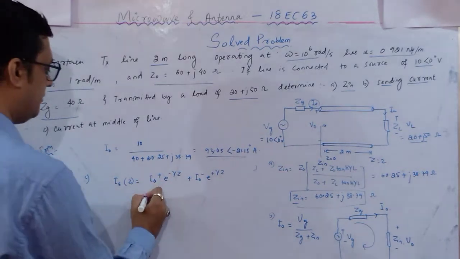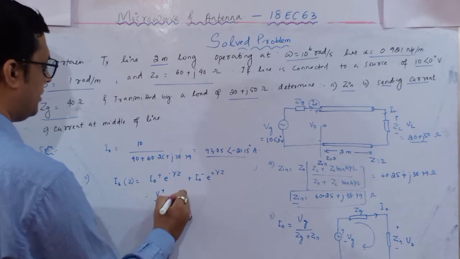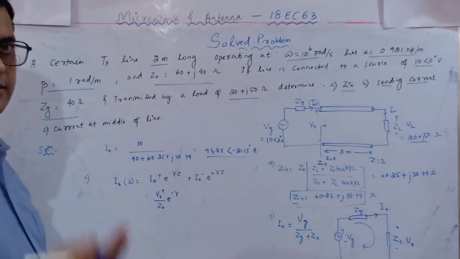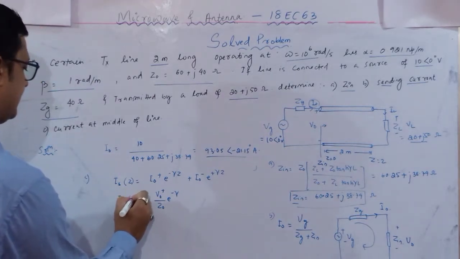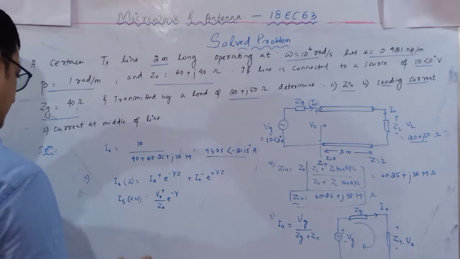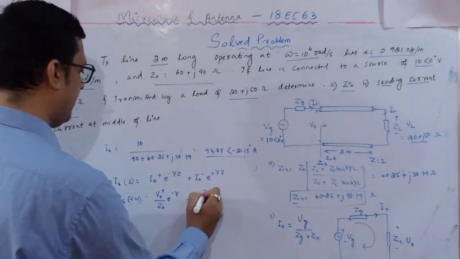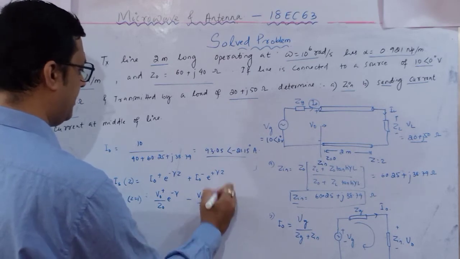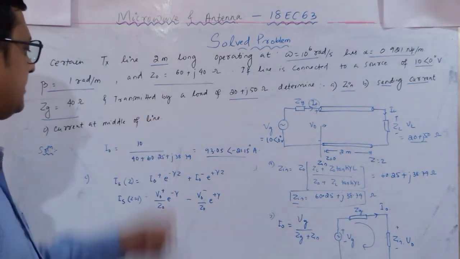So what I will do, here I will write V0+ divided by Z0 e^(-γ), because z becomes 1. Here I will write Is at z equals 1, minus V0- divided by Z0 e^(+γ), where z value is 1, half of the distance.